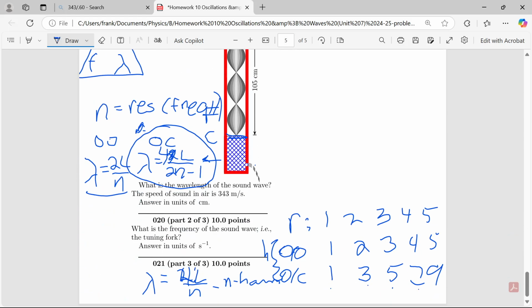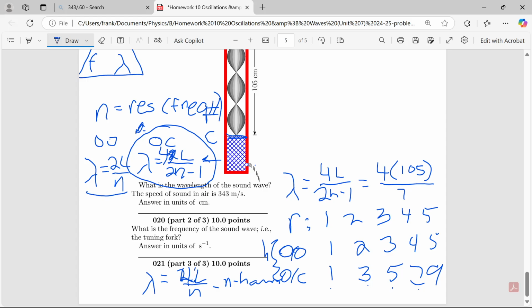So for the first one, it says, what is the wavelength of the sound wave? Well, wavelength equals 4L, I don't know why I wrote 2 earlier, divided by 2N minus 1, where N is the resonance. So 4 times the length, which is given as 105 centimeters. I don't have to convert because it asks for the answer in centimeters. Divided by, the resonance number is 4. 2 times 4 is 8, minus 1 is 7.